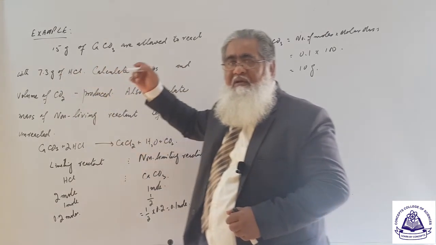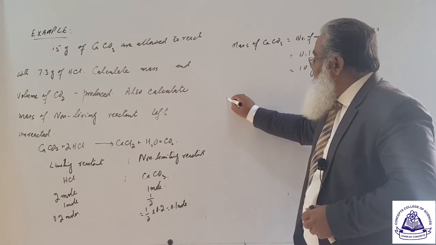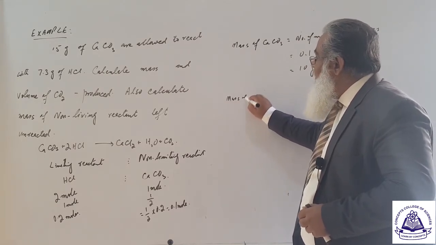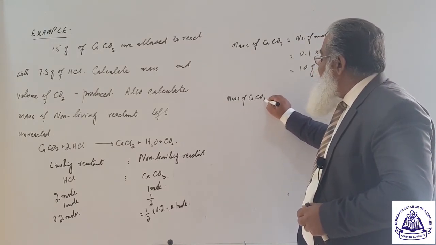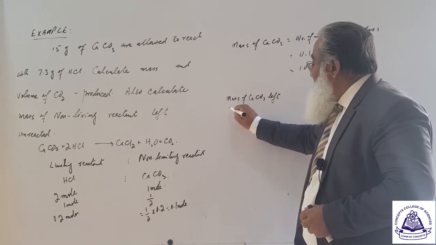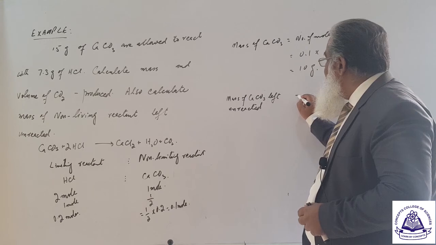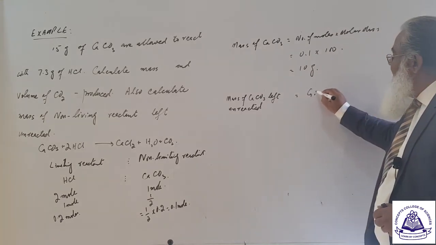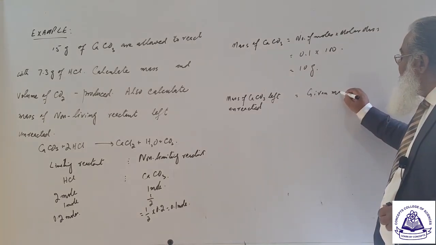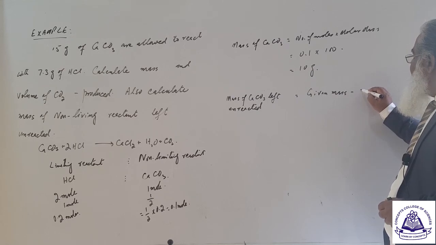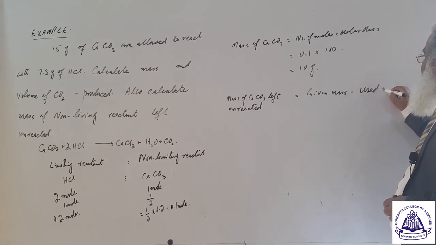But the mass given there is 15. Hence, the mass of calcium carbonate left unreacted is equal to given mass minus used mass.